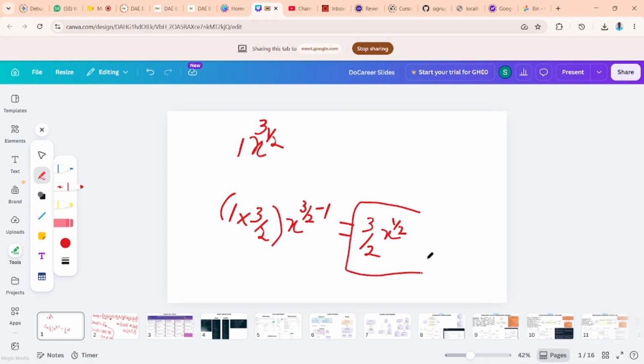You see that? The concept is the same. Whatever number you have, just work with the number. And you have to know that whenever the power is half, we are referring to the square root. So the square root of x is the same as x to the power 1 over 2.